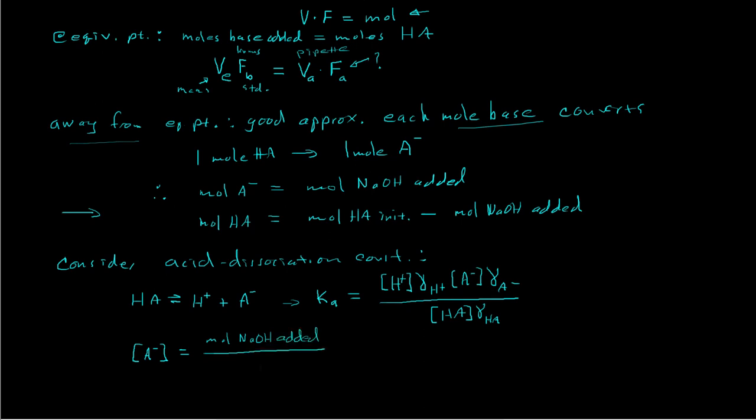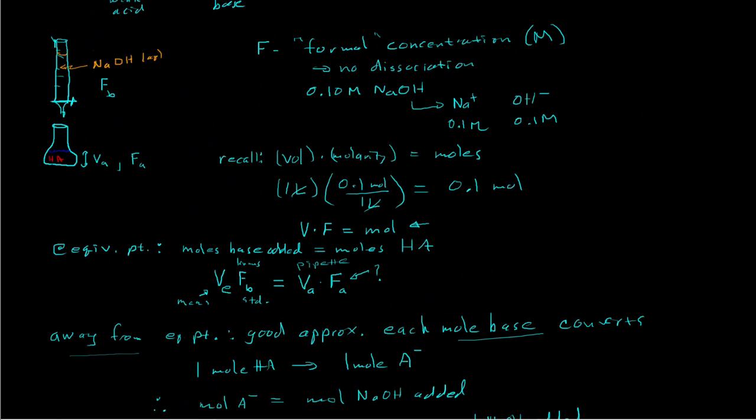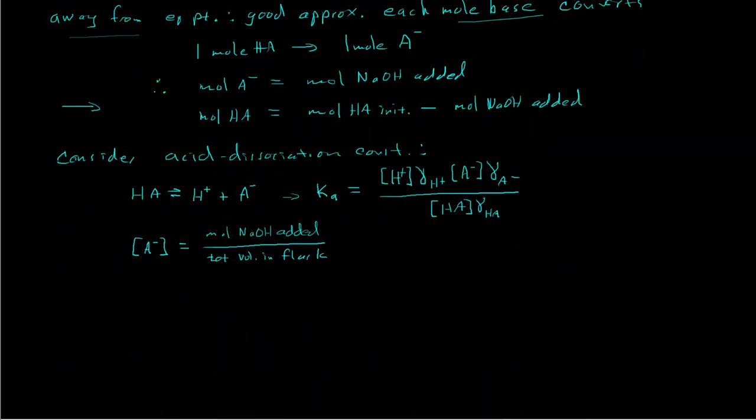And then molarity is moles divided by liters. So we need to divide this by the total volume in our flask. What flask am I talking about? I'm talking about the one that we're titrating into right here. Remember, it had some initial volume, but then we've added some base to it.